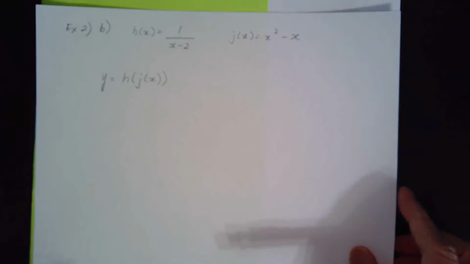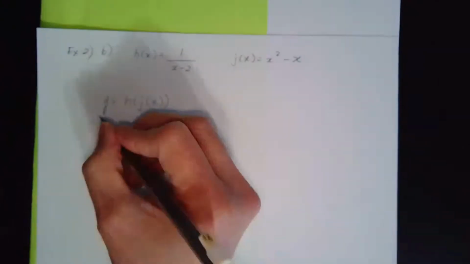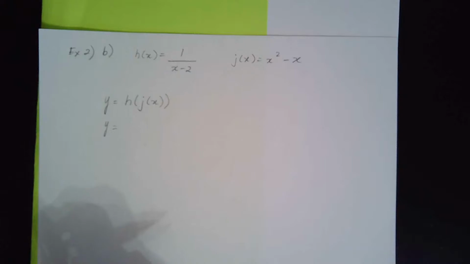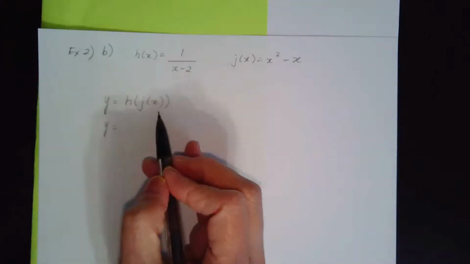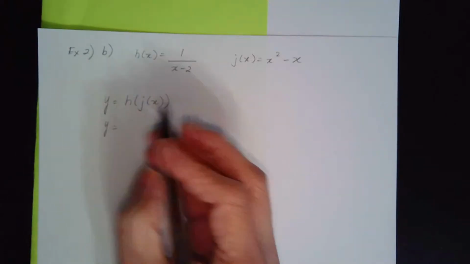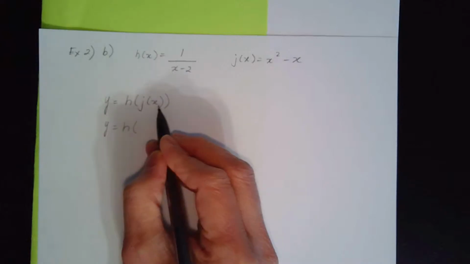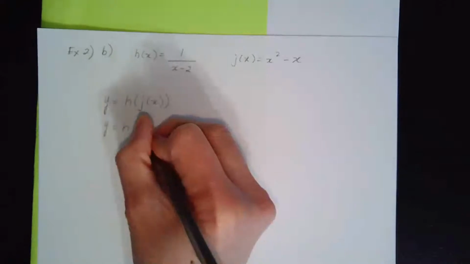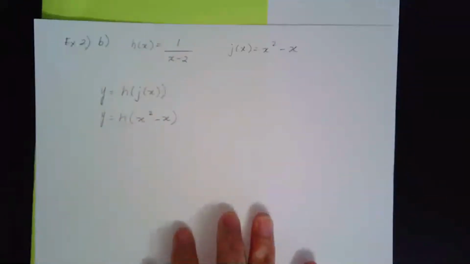Okay, so the very first thing that we're going to do is figure out the explicit function. So h of j of x. Well, what's the j of x? That's x squared minus x. Okay.